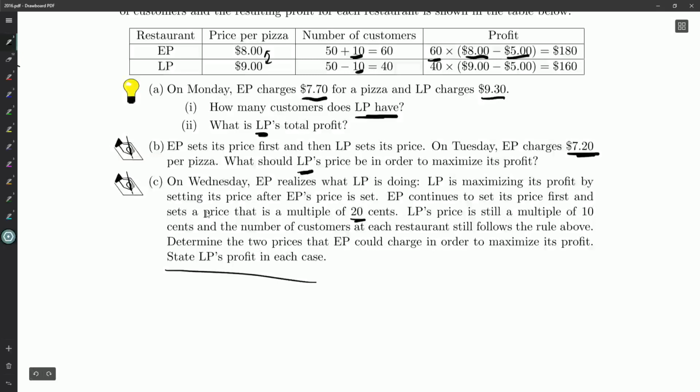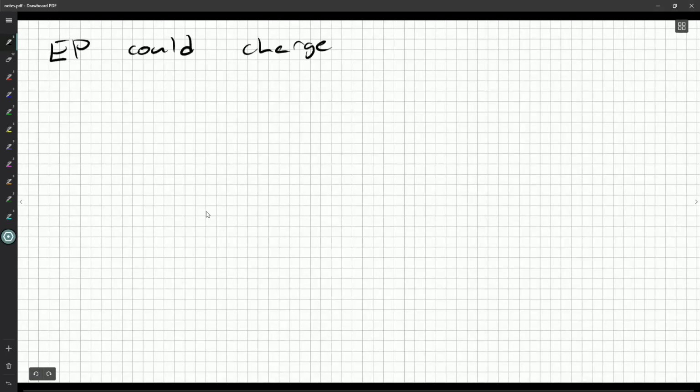Okay. So did they ask us to determine the two prices? Okay, so Aaron's Pizza could charge 20 cents times 62, and that would be 1,240 cents.